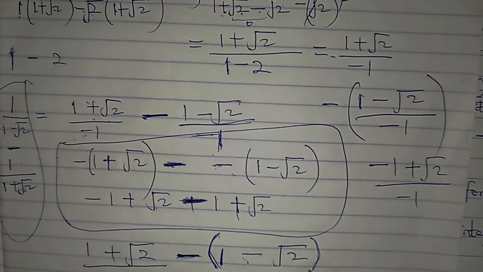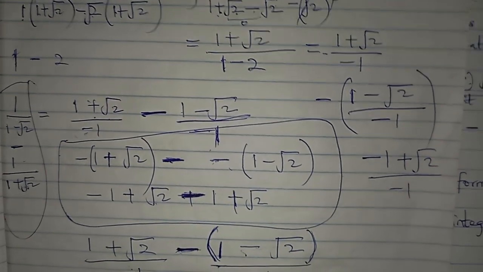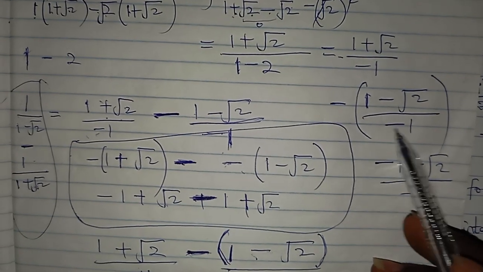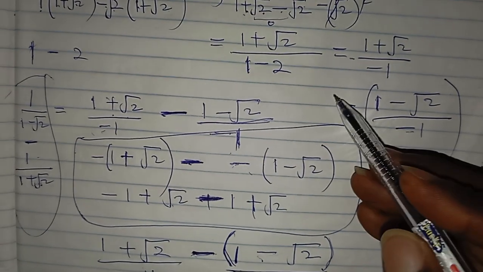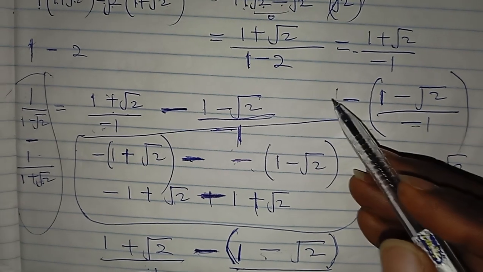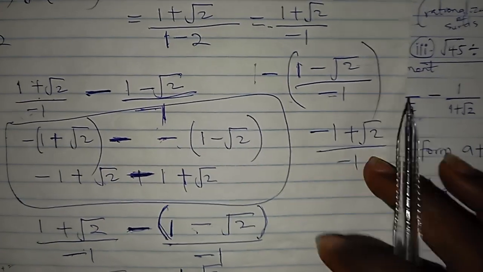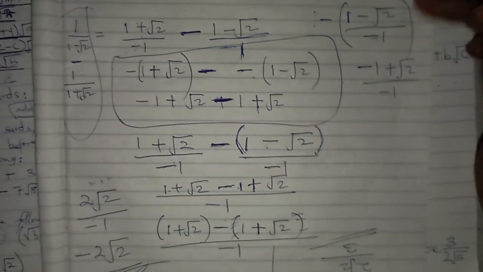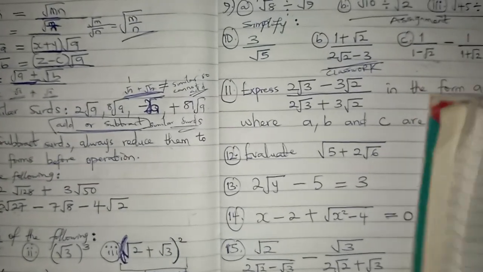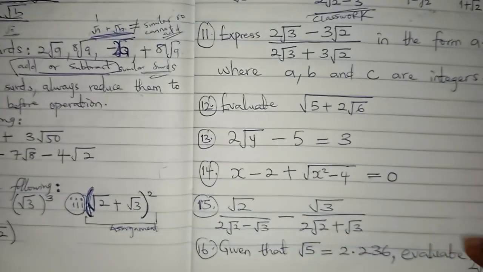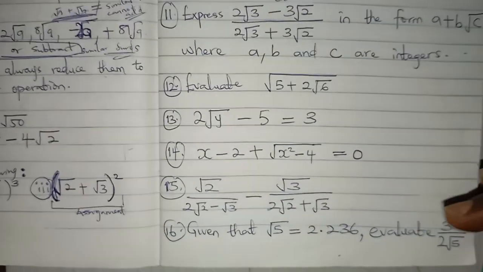So if you share it, don't tell me how come it did not affect the denominator. Notice that if I have 1 minus 1 times this, it will go and affect what is at the numerator and not the denominator. So that is why I have this. So you see, it's not just about sorts. In some cases you have complex issues with signs like this, so you need to watch your sign. Make sure that whatever you're doing, you are relating it in such a way that it has to do with everything you're given.